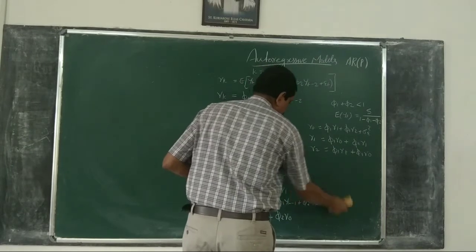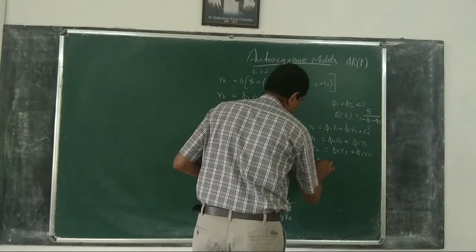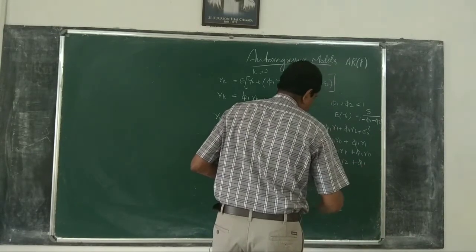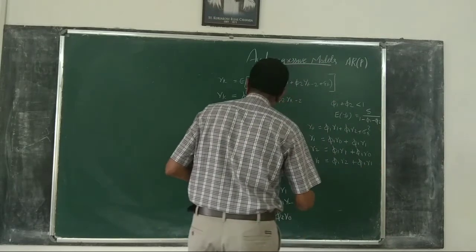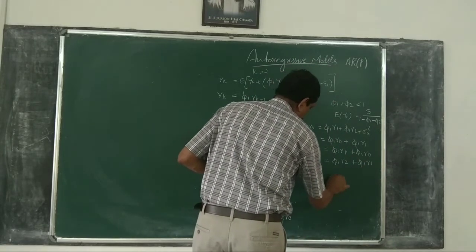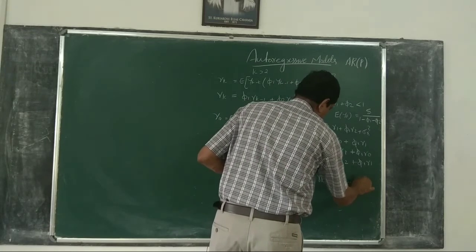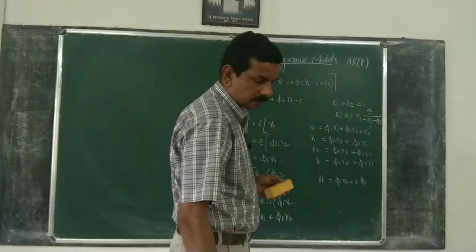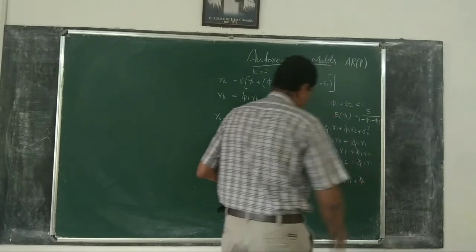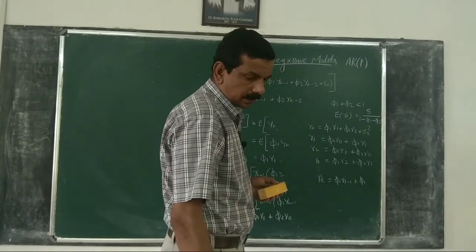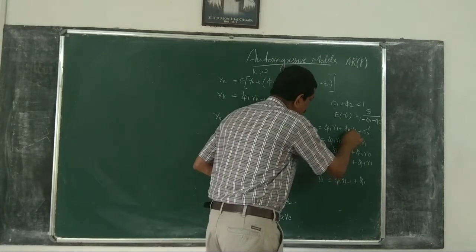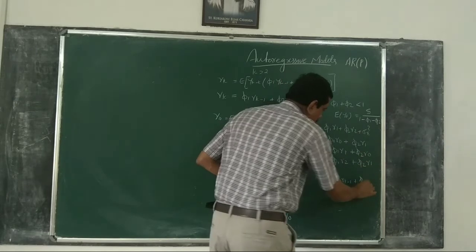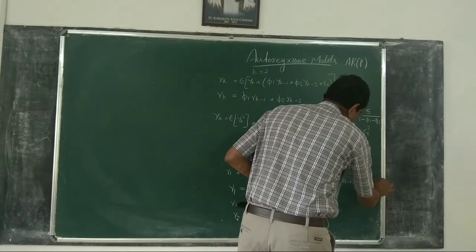Generalizing, gamma 3 is equal to phi1 gamma 2 plus phi2 gamma 1, and gamma k is equal to phi1 gamma k minus 1 plus phi2 gamma k minus 2.